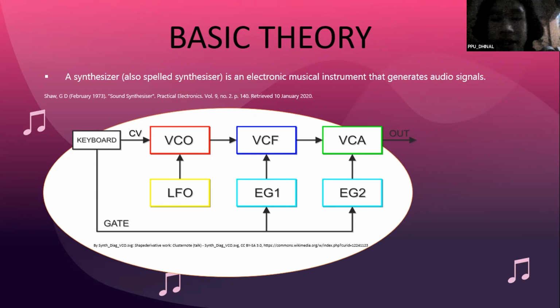And then there's the VCF, a filter. These sounds may be altered by components such as filters. These filters cut or boost frequencies. And then there's the VCA, the amplifier, which makes the sound bigger.